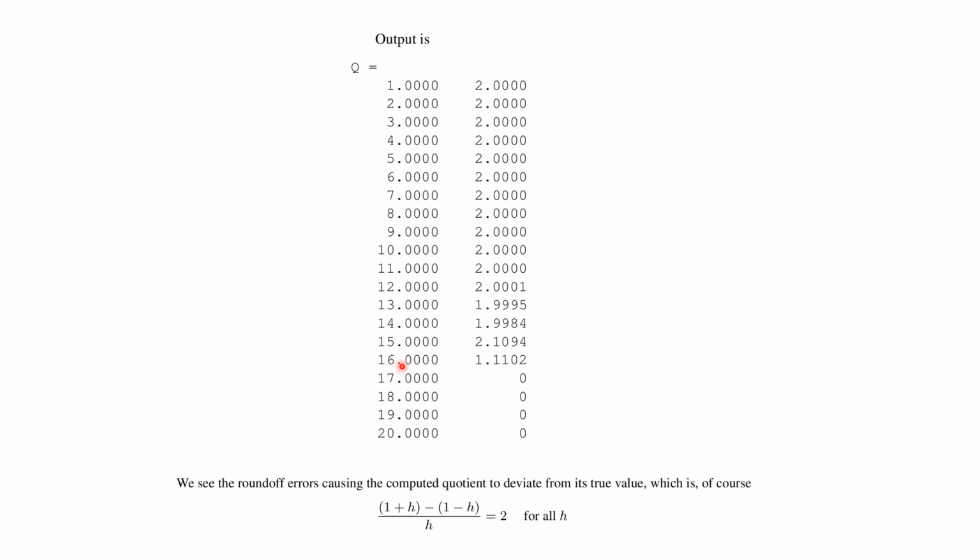That's the n we were talking about, and we're talking 10 to the minus n, so 10 to the minus 16. And round about 10 to the minus 16, we get errors which compound, which produce the wrong result. This should be 2, as it is all the way here, and here it starts to go wrong. The round-off errors become significant.